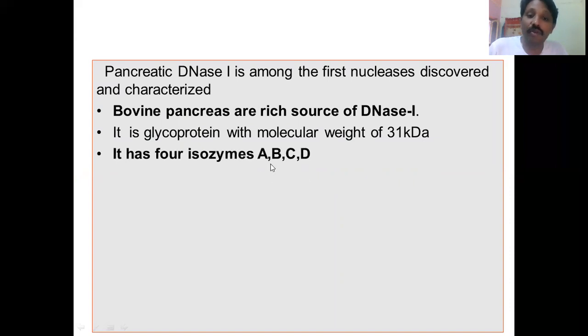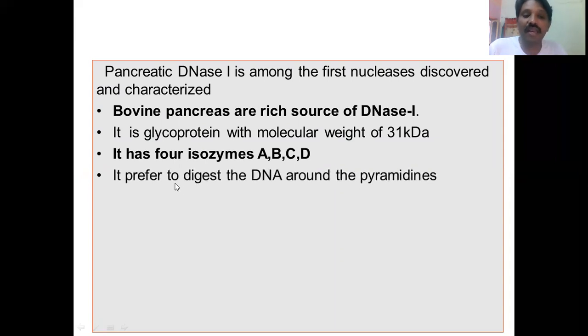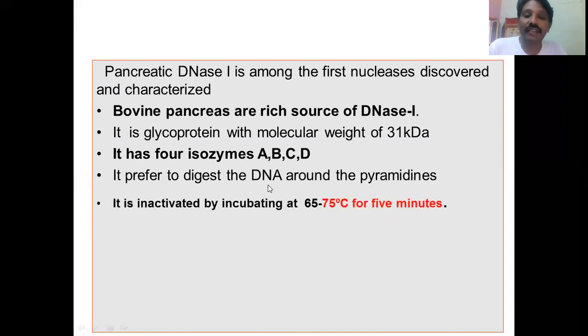In bovine, it has 4 isozymes: A, B, C, D. And sometimes it prefers to digest the DNA around pyrimidines, right? DNase is inactivated by incubating at 65 to 75 degrees centigrade for 5 minutes. If you incubate that, then the enzyme is inactivated.